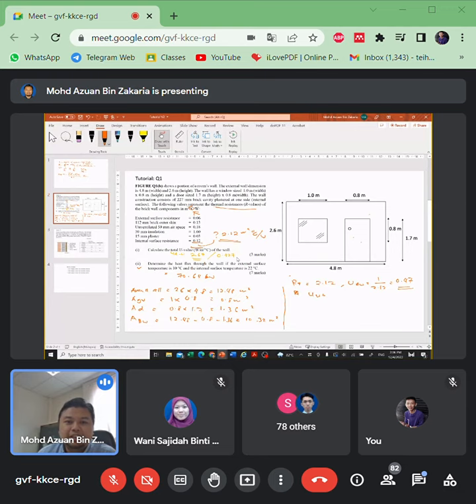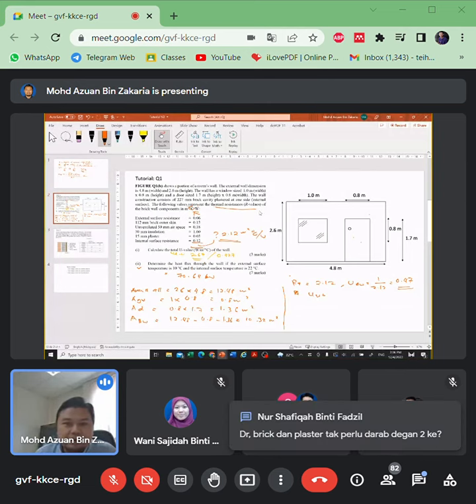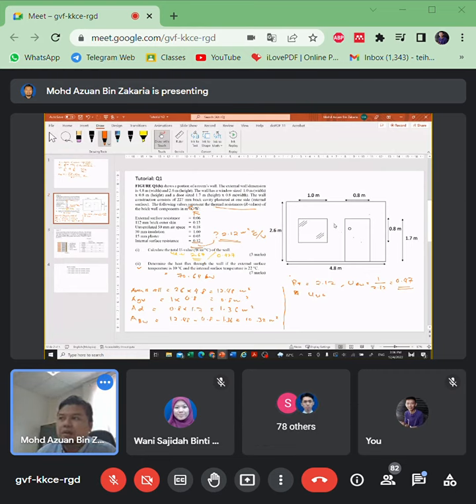Soalan ni ada confuse sikit, dia tak diberi. Brick dan plaster tak perlu darab dua ke? Ya, betul. Brick dan plaster tak perlu darab dua. Tak perlu.